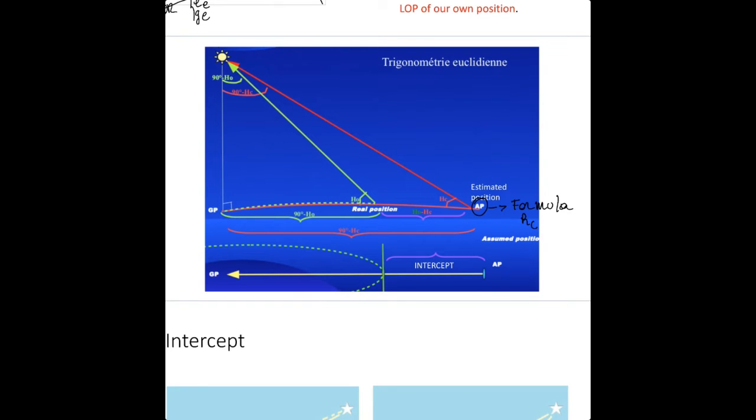Okay, but if we are starting from our estimated position and then calculate the height, which is HC, and compare that to our observed height from our sextant, and we calculate delta H, the difference between the true altitude and the corrected altitude, we see that this will always be a difference, not in degrees, but in, I don't know, 2 minutes, 0.6 or something.